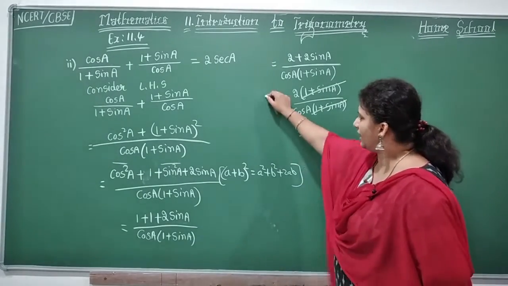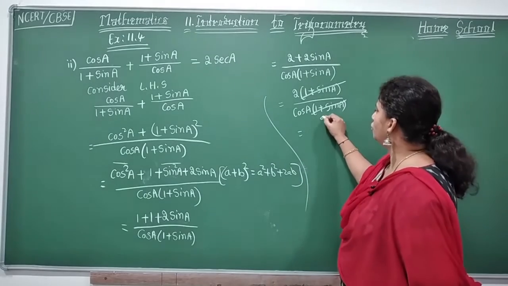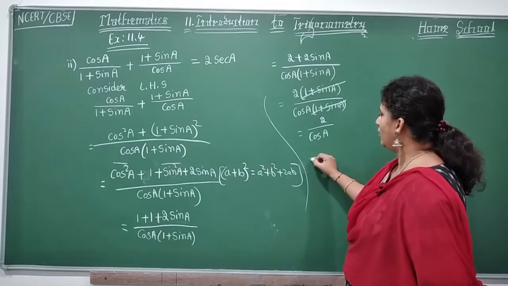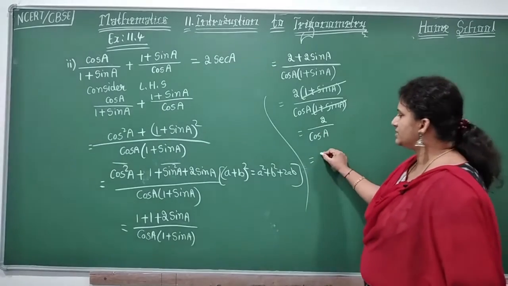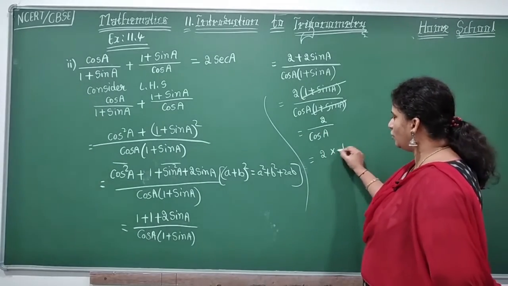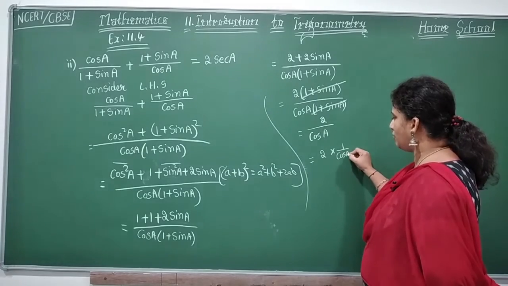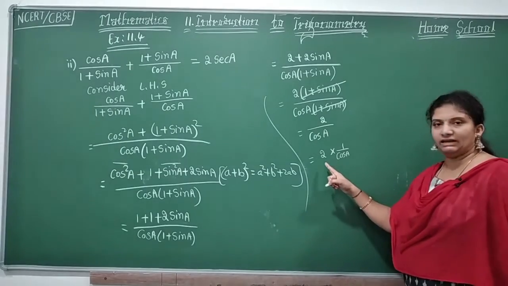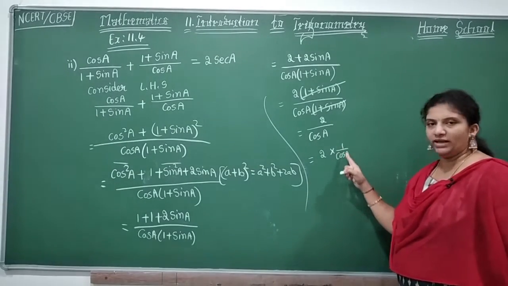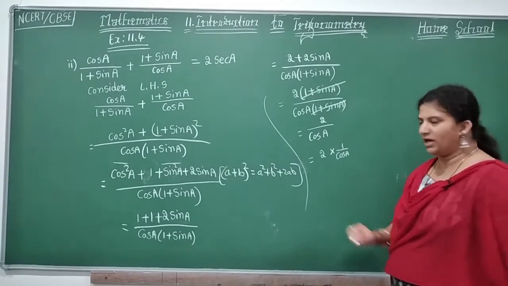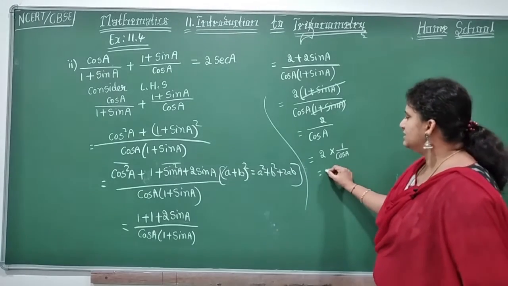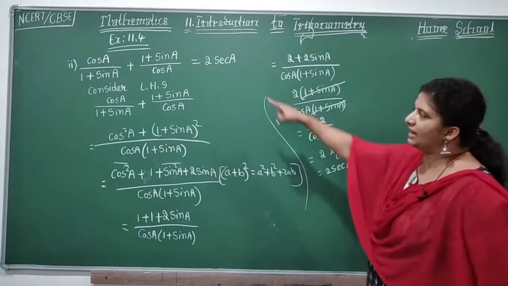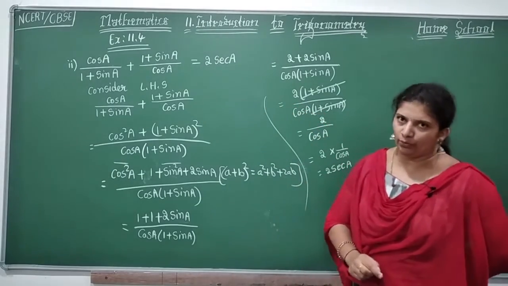So what are you left with here? 2 by cos A. So look here children, this one can be written as 2 into 1 by cos A. You don't have any problem now? 2 by cos A can be written as 2 into 1 by cos A. What is 1 by cos A? It is secant A. 2 secant A. That is the one we need to prove.